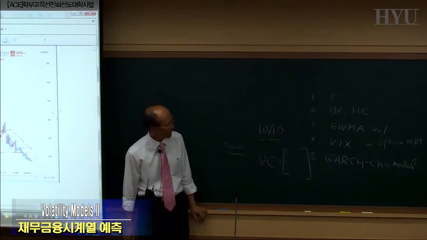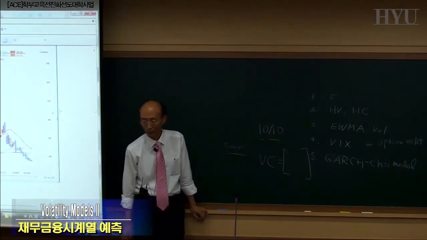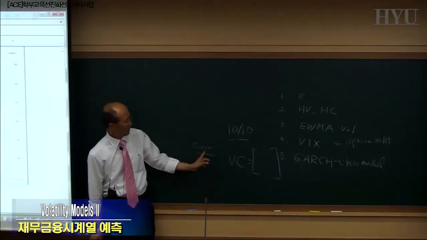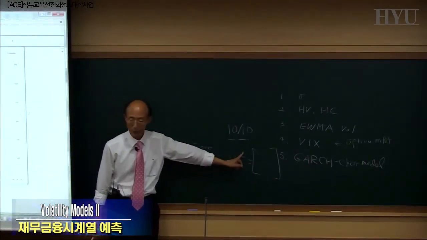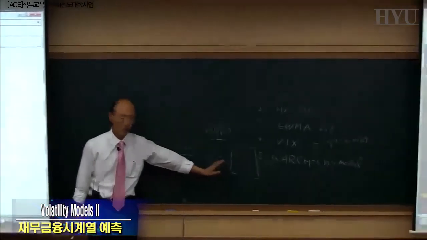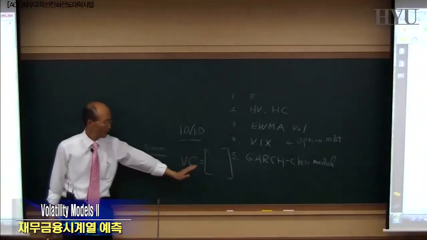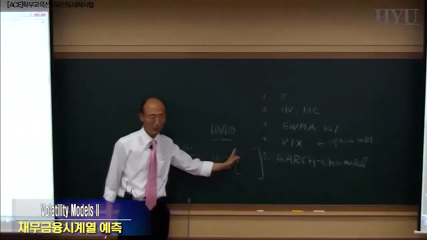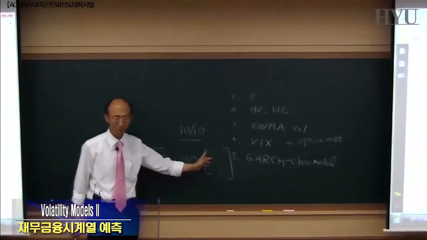So when you look at more than one asset or more than one series in the calculation of volatility, correlation or covariance is something that you have to calculate. But as you increase this dimension, there are many numbers to calculate, right?